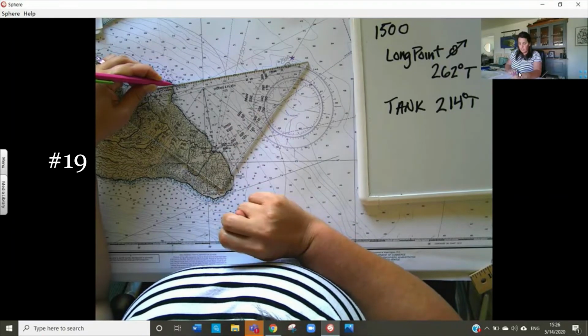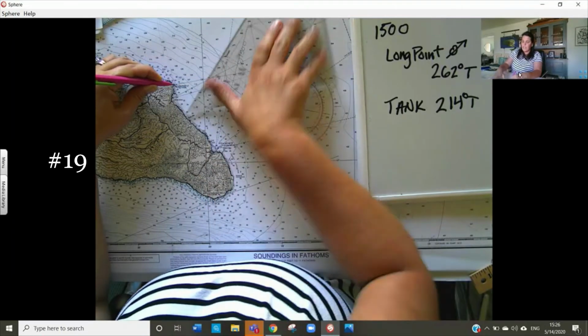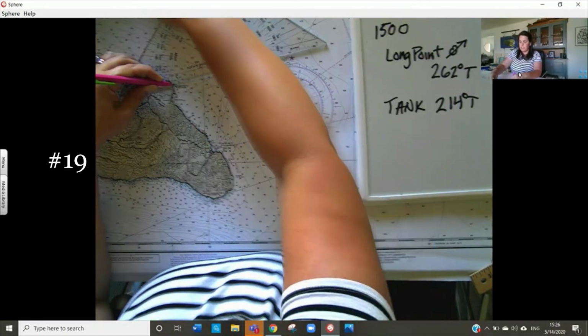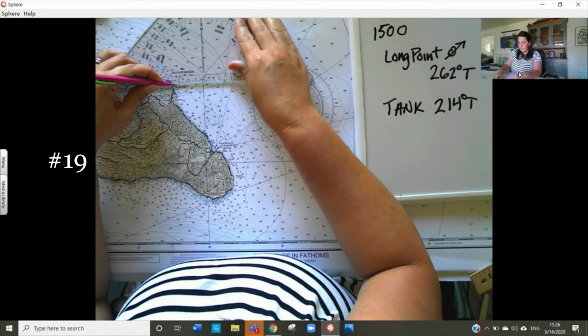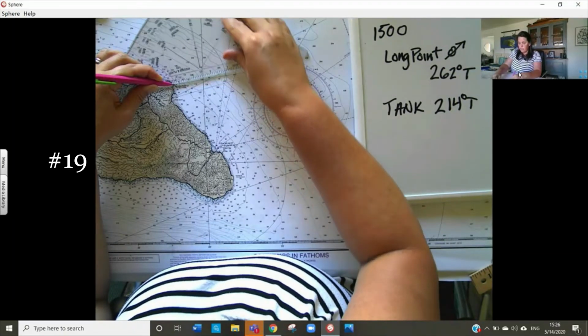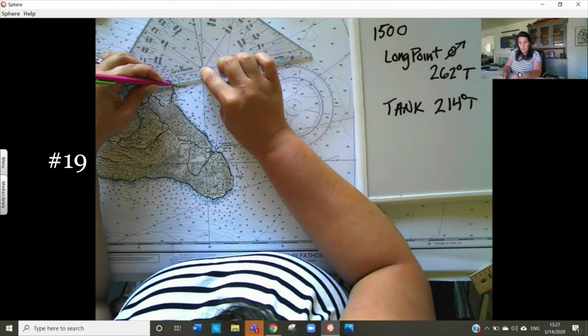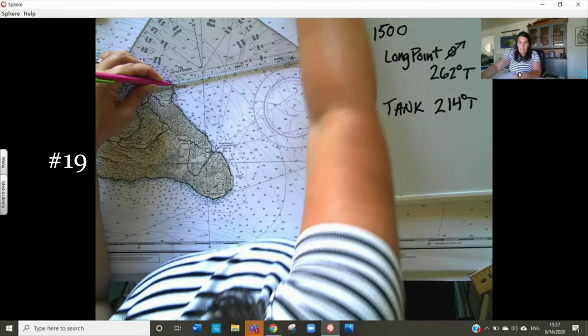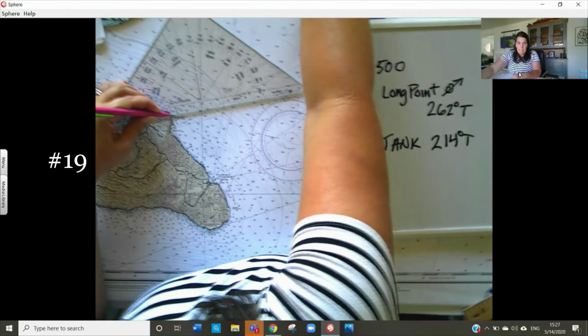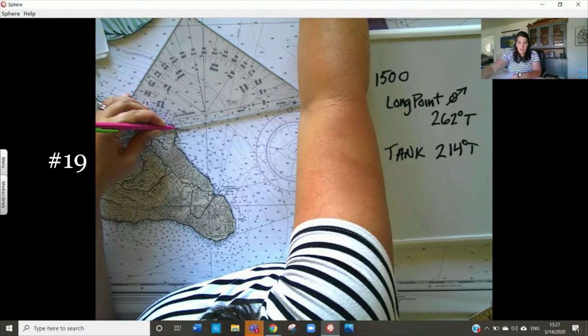And of course, if it's too hard to see there, we can flip it over. It's a little bit clearer on this side. So we can find, oh, you can't see it. Okay, there we go.